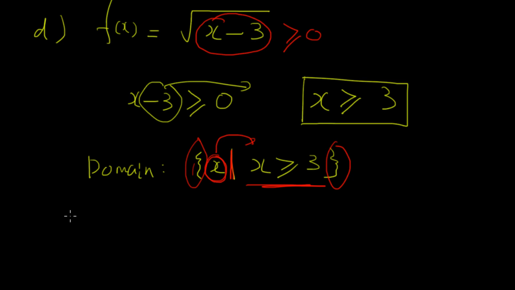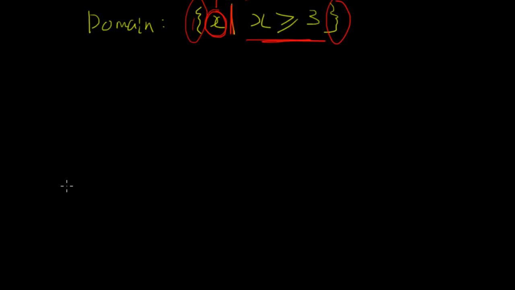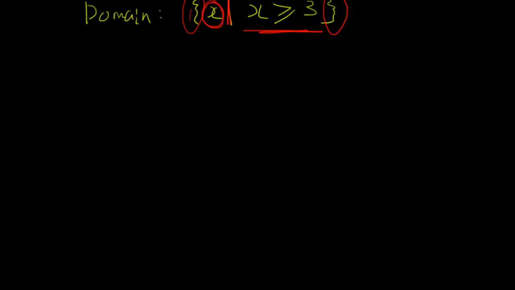Now the next topic that I'd like to discuss here is the sum, difference, product and quotient of two functions. So now we're going to talk about adding, subtracting, multiplying, dividing between functions, right?